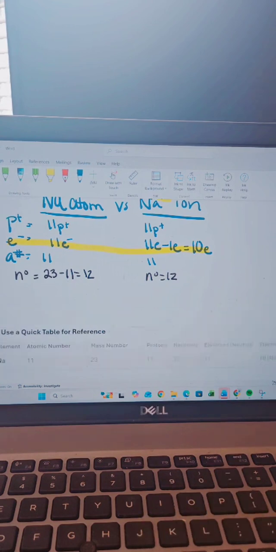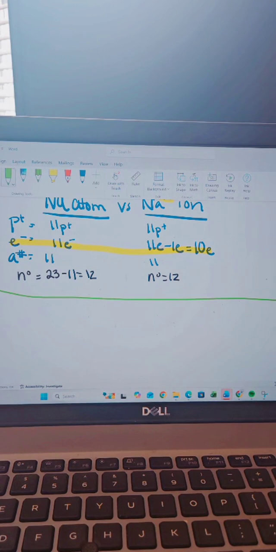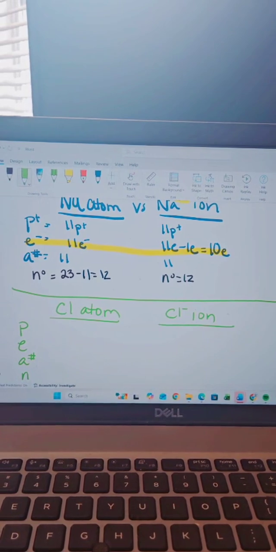So let's do chlorine: the chlorine atom versus the chlorine ion. All right, so check this out. We're going to do the protons, electrons, atomic number, and the neutrons.